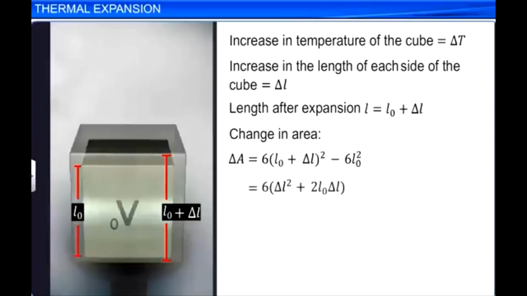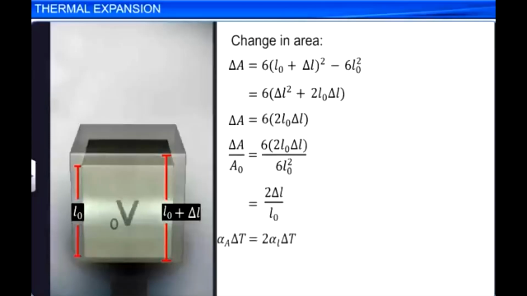This is equal to 6 into (delta L square plus 2 L naught delta L). The term delta L square can be ignored as the value is negligible. Then we get delta A is equal to 6 into 2 L naught delta L. Now, by dividing delta A by A naught, we get 6 into 2 L naught delta L by 6 L naught square. On further simplification, we get alpha A equals 2 alpha L. Let this be equation 1.